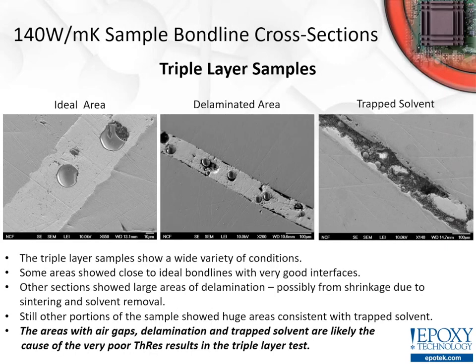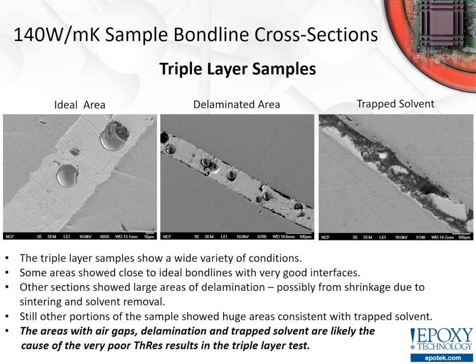The 140 watt per meter K bond line in cross-sectioning had several different areas: ideal areas, delamination areas, and trapped solvent areas. This wide variety of conditions within the bond line shows that it unfortunately cannot make an ideal interface.